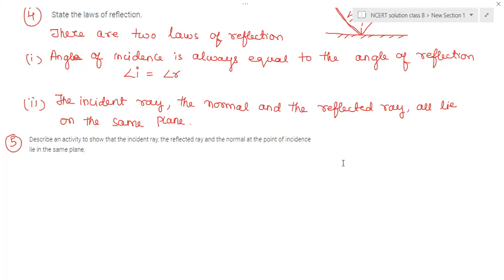So describe an activity to show that the incident ray, the reflected ray, and the normal at the point of incidence lie in the same plane. How would you show that?